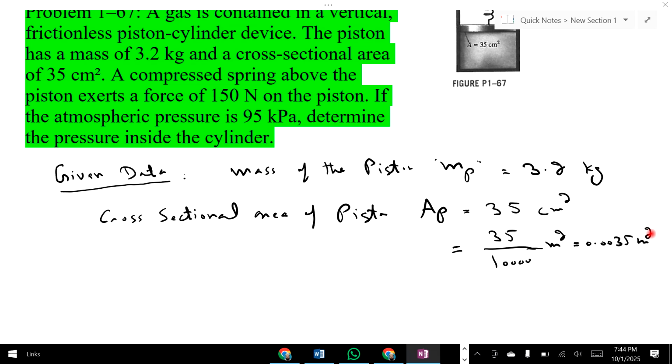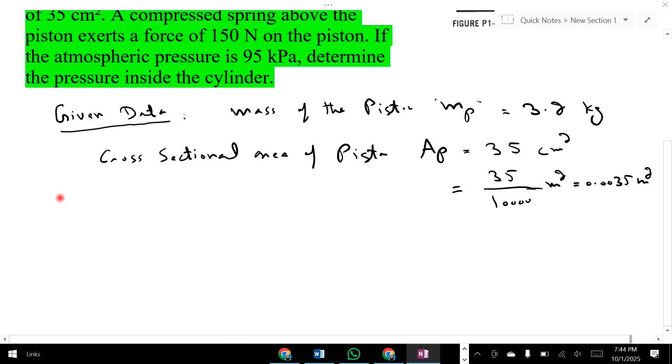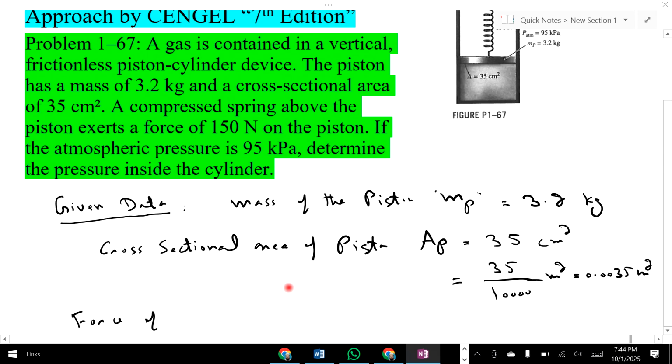A compressed spring above the piston exerts a force of 150 Newton on the piston. So the force of the spring, which is downward. Spring exerts force on the piston, it means that it exerts force on the piston in downward direction.